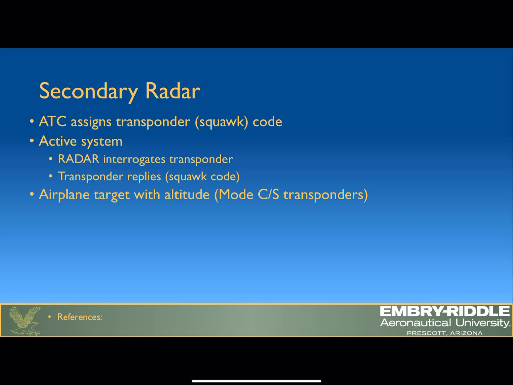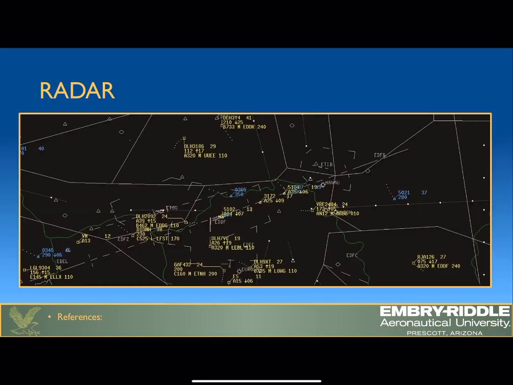And the transponder replies with the code you have entered, whether that's 1200 or the code ATC has told you to enter. It will reply with that squawk code. And even more so, some transponders will also give additional information.